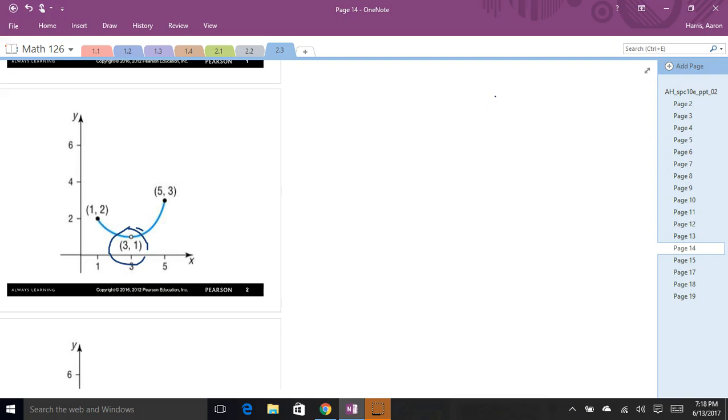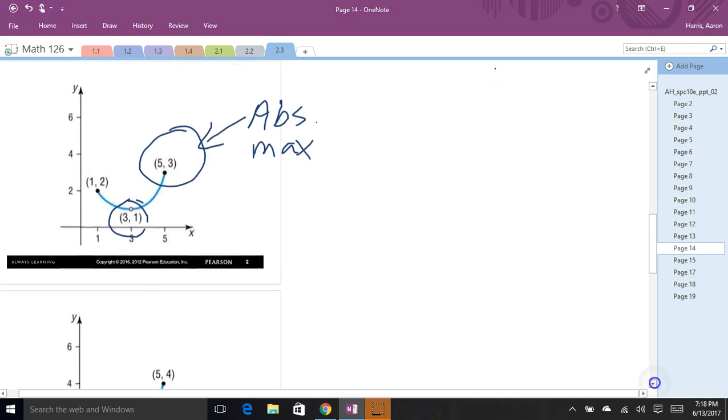No, the point is not there. It's not defined. So there is no absolute min, nor is it a local min. It is undefined. Now this one right here, we do have an absolute max right there. That is the absolute max. But again, no local min, no absolute min on this one.